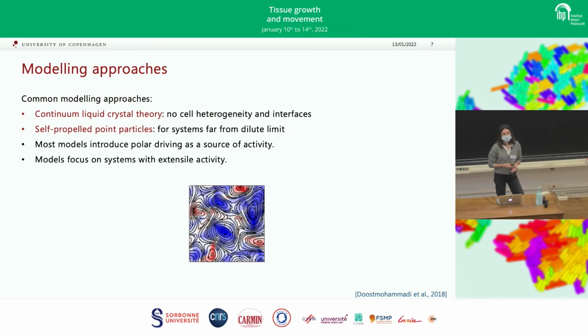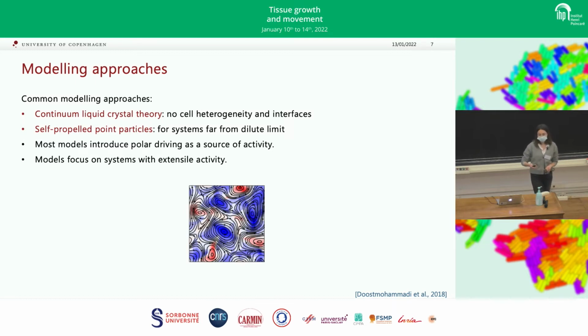But before, most of the work assumed that these cells have polar driving, so they have a certain orientation where they want to go. Not much work focused on modeling the contractile activity. We are motivated by recent experiments that show that even though cells are usually assumed to have extensile activities, in some cases they can switch to contractile activity.